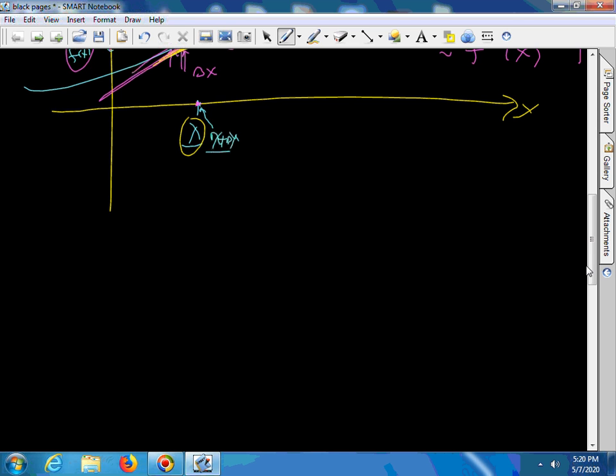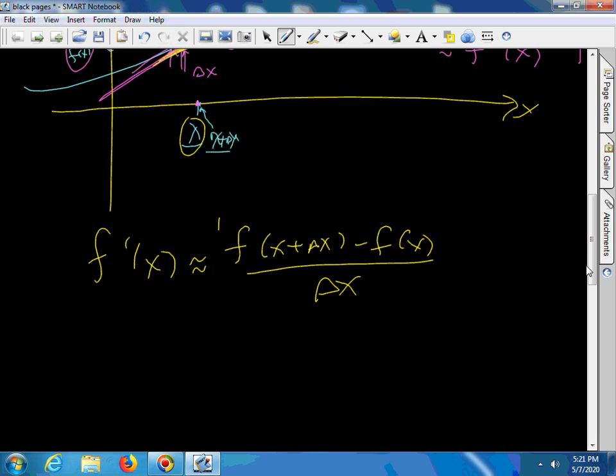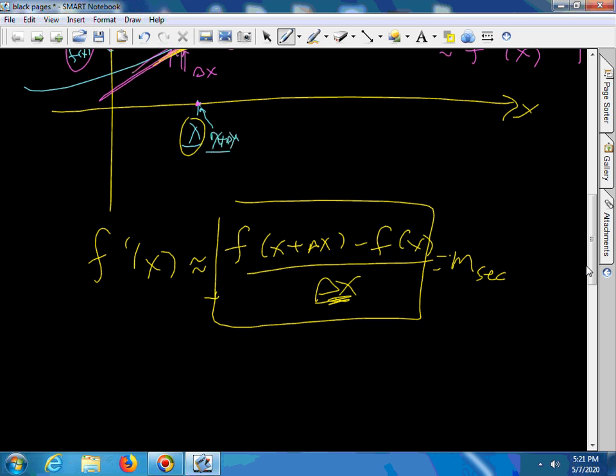Right now we have that f prime of x is approximately f of x plus delta x minus f of x over delta x. And this here is the slope of the secant line. When delta x gets smaller and smaller, it gets close to f prime of x.